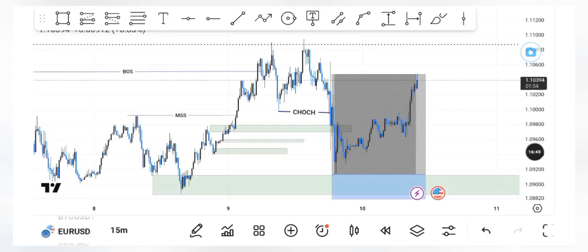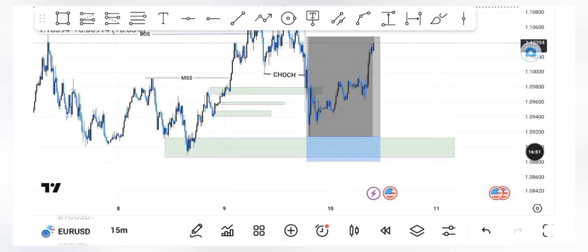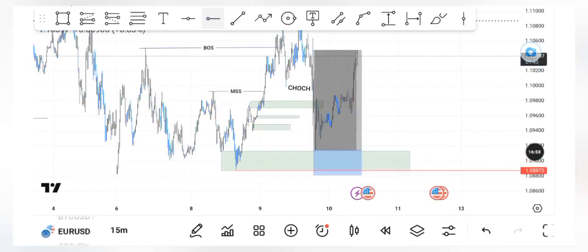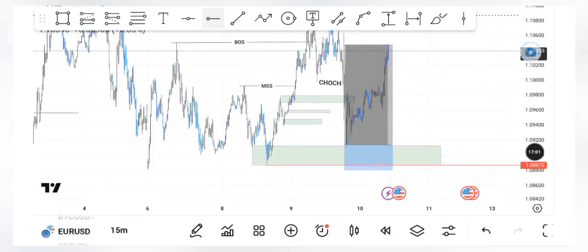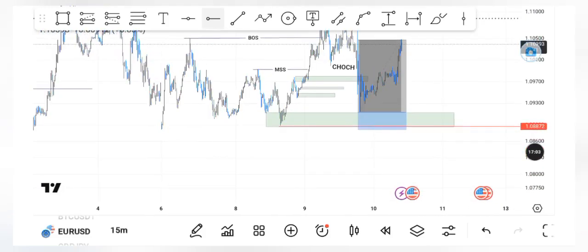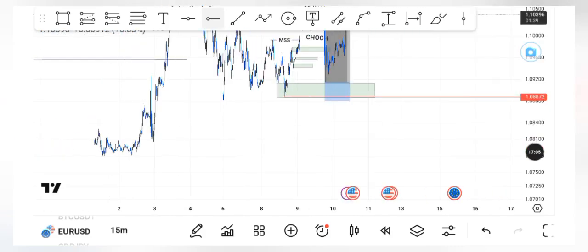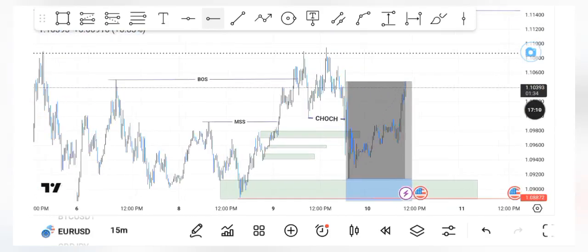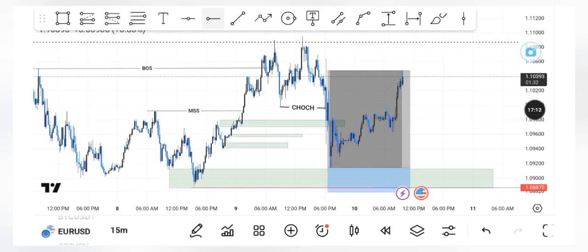This was just a correction movement. It was unable to break the low, so we still expect a bullish movement. If it had broken the low, we would have expected the market to come back into these liquidity voids down and fill all those gaps. But we still expect this market to continue pushing.